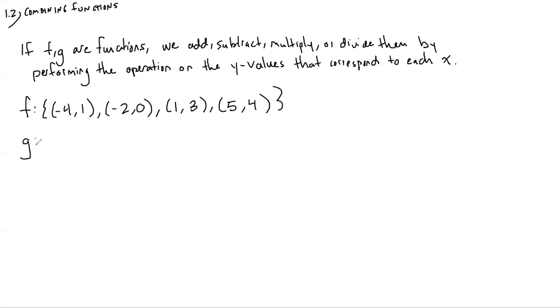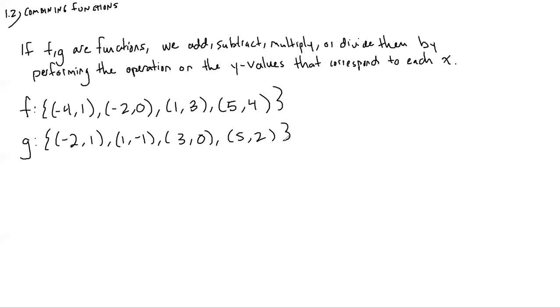And let's say g is going to be -2 and 1, and 1 and -1, 3 and 0, and let's go with 5 and 2. So they're both just a collection of points, respectively.